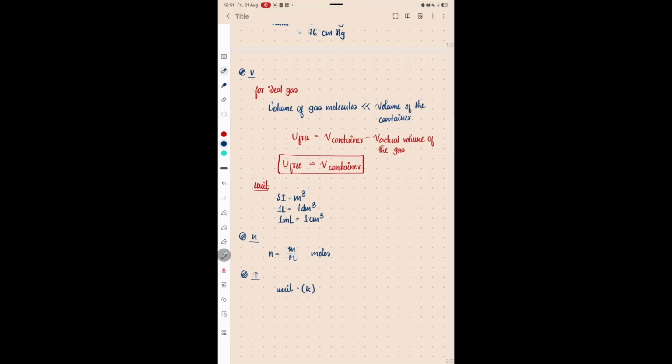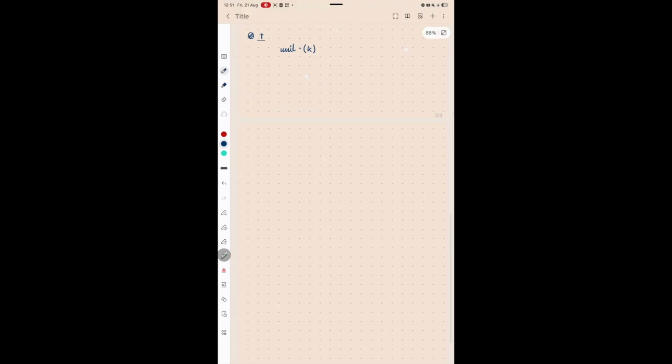Now coming to ideal gas. For an ideal gas, what is the gas equation?